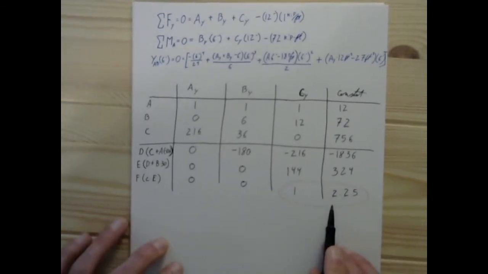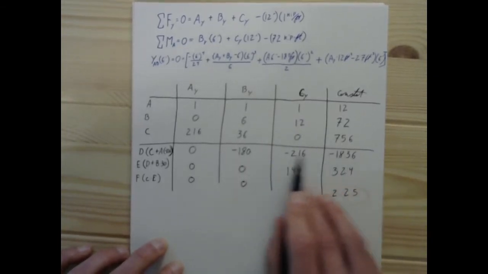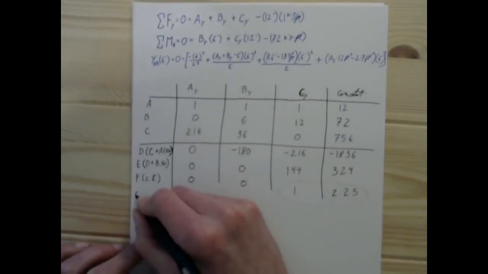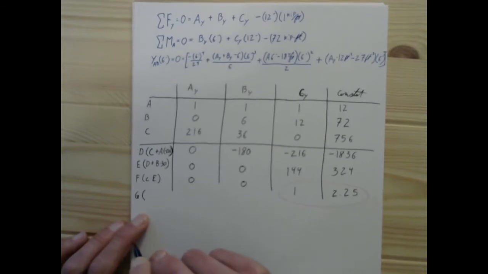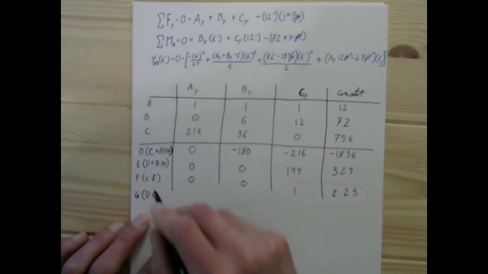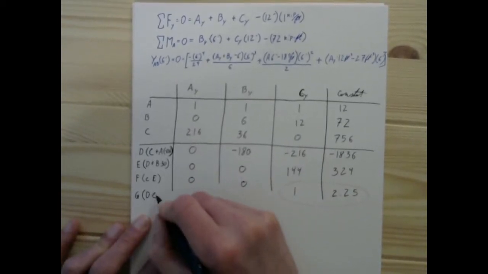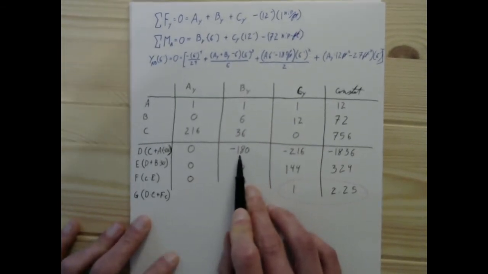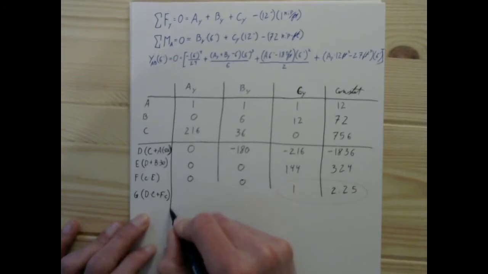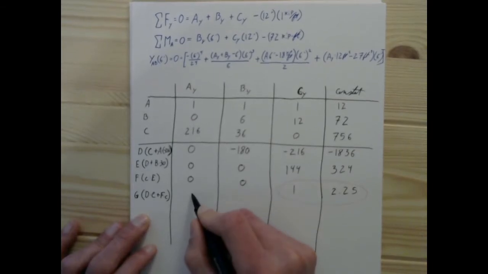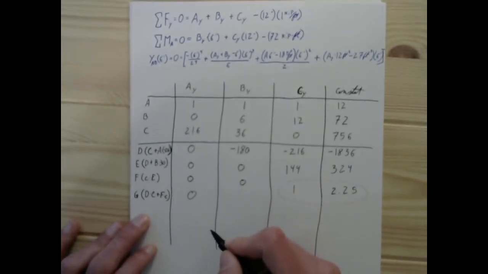Now that we've got this all known, we can just eliminate it from this equation up here. So we can say G is equal to, well, D, let's multiply that by a constant here, and then add F times a constant right here. And we can just divide this value by negative 180, really. That's going to stay 0.